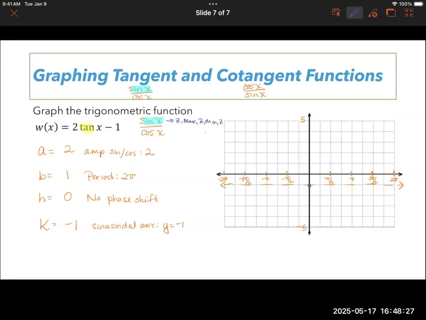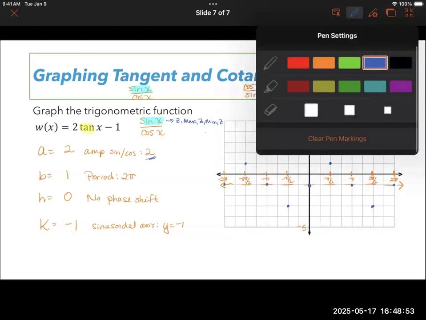So going up to a max that's going to be 2 units above the sinusoidal axis, back down to a 0, down to a min that'll be 2 units below, back up to a 0. Continue my pattern to the left with the negatives. And that's where the points for sine would be. Now, again, I'm not connecting those points right now.